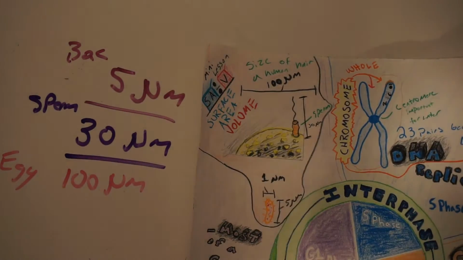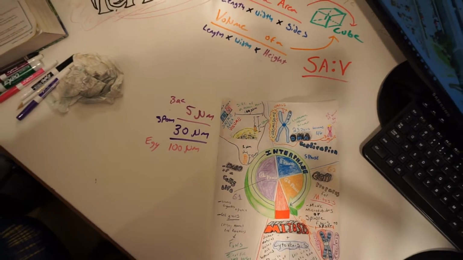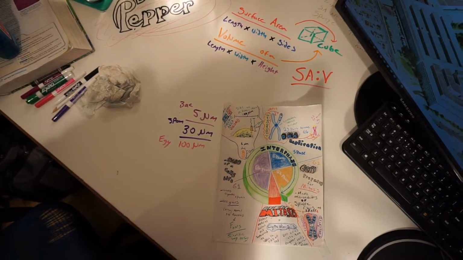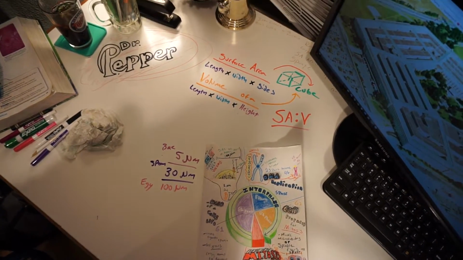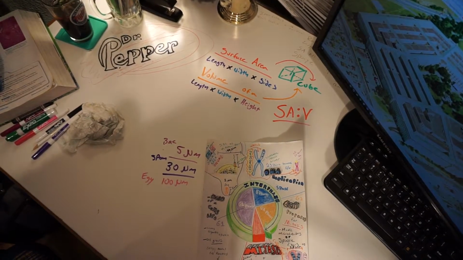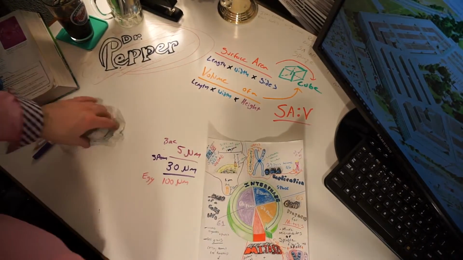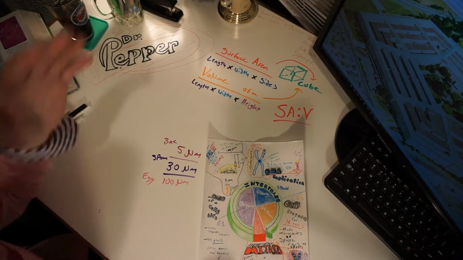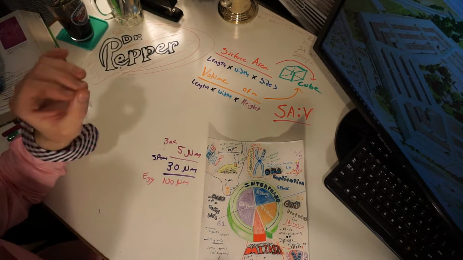Now, surface area to volume is a very important concept. And as you can see to me, so is Dr Pepper. Both are equally vital. We have some things here when it comes to surface area to volume that are important to consider.